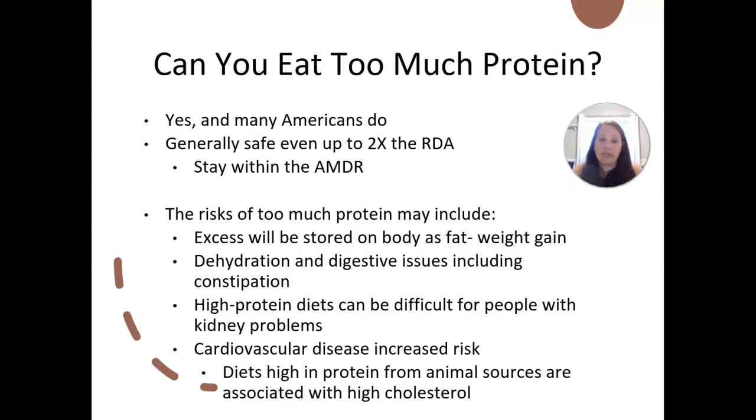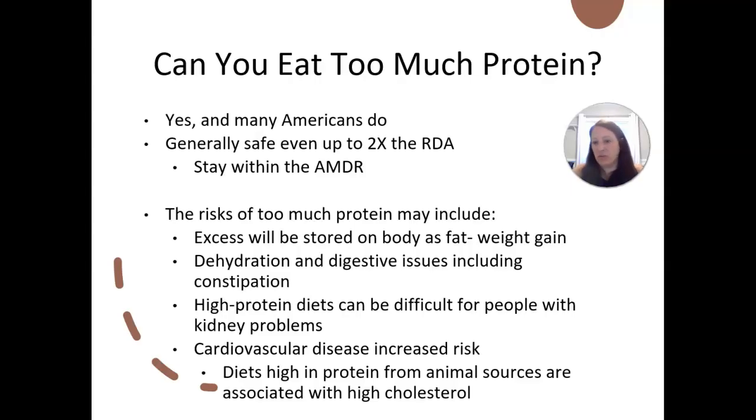What else? Excess protein without proper amounts of fluid can lead to dehydration, and it can lead to digestive issues like constipation. If you remember back a couple of chapters ago, there was a case study or a question about an individual who consumed a couple of protein shakes a day, and that was kind of it, and he was suffering from constipation.